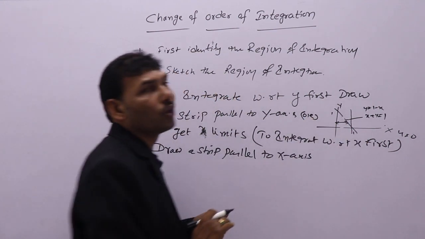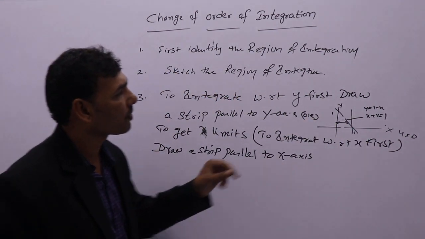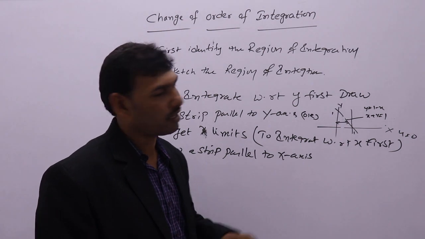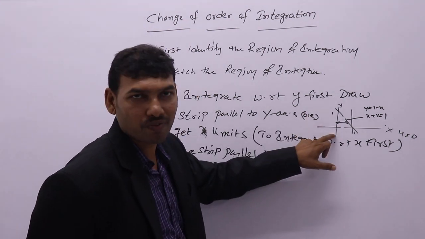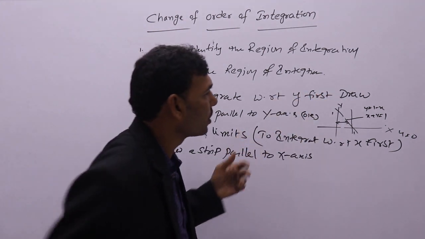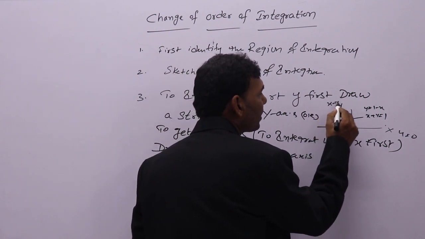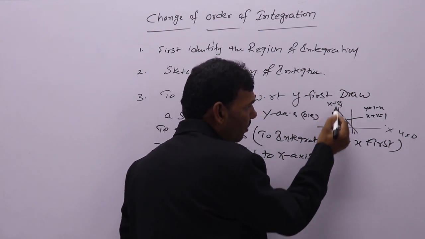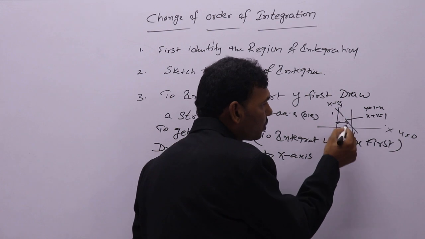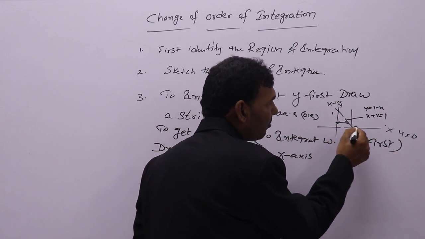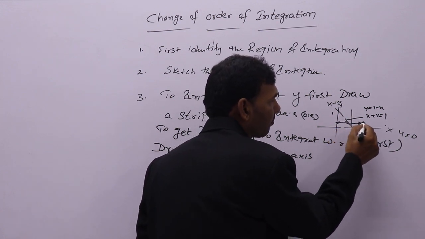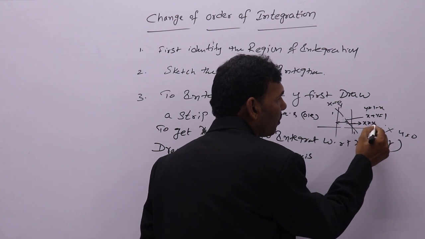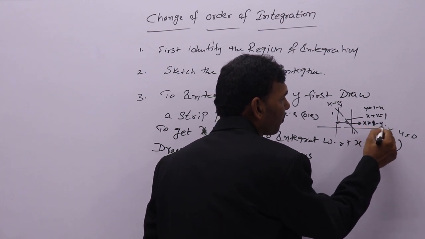This strip gives you the x limits in terms of y. How? This is the y-axis. What is the equation of the y-axis? x equal to 0. This strip goes from the line x equal to 0 to this line, named in terms of y: x equal to 1 minus y.